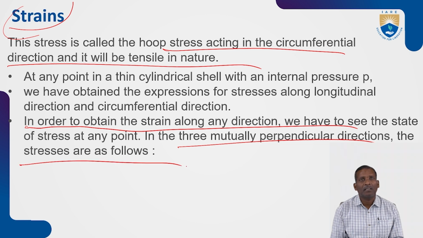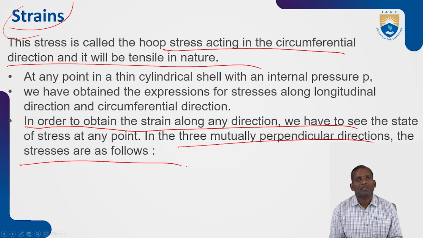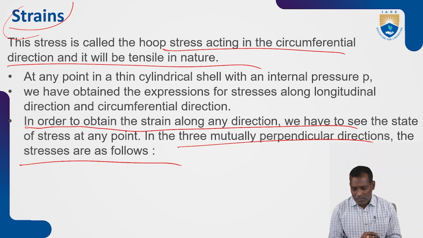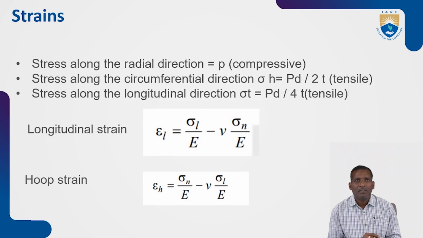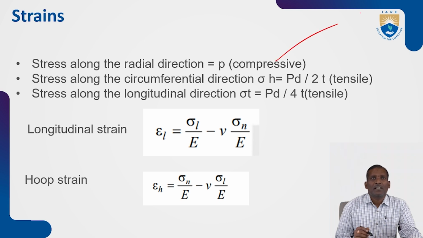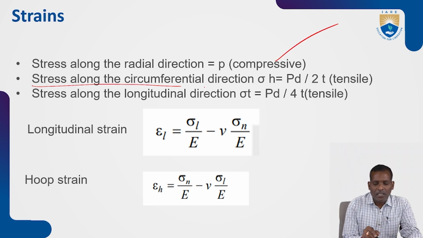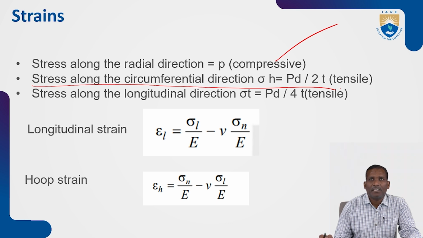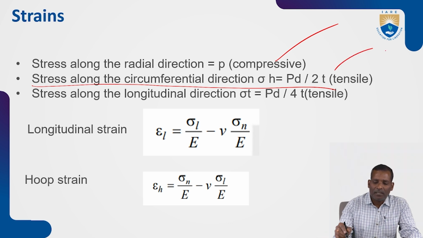The stresses are as follows. Stress along the radial direction, that is compressive. Stress along the circumferential direction, Pd by 2t. We have already derived this; it is hoop stress.